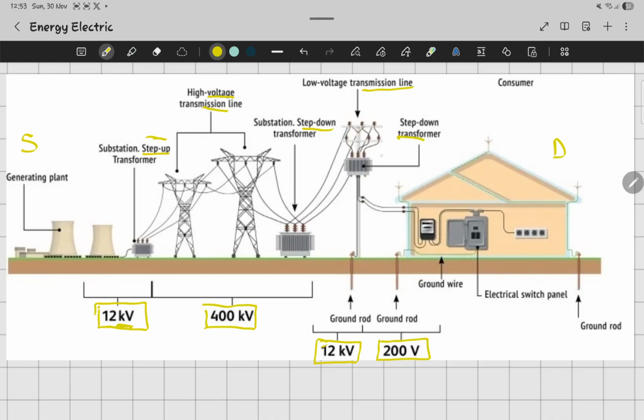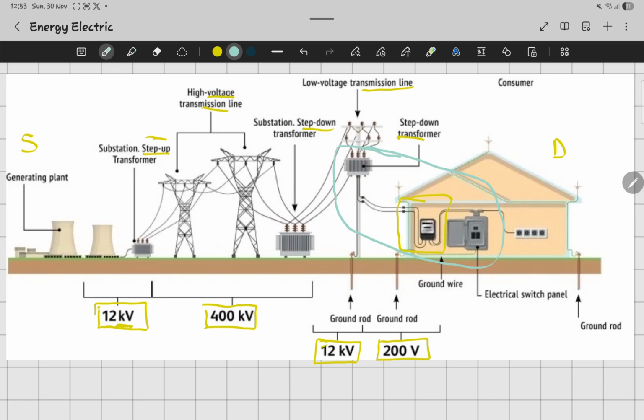Then you can see from the step down transformer and transmission line, our electricity meter unit is connected. Later on we will see in detail what is happening inside this area.